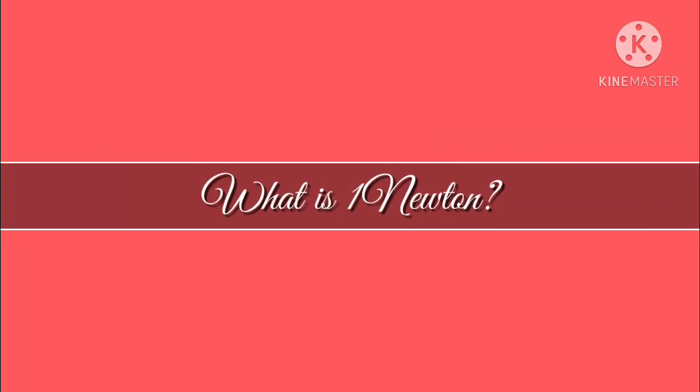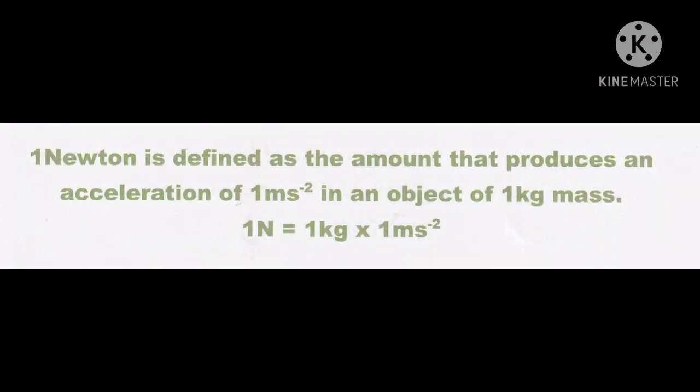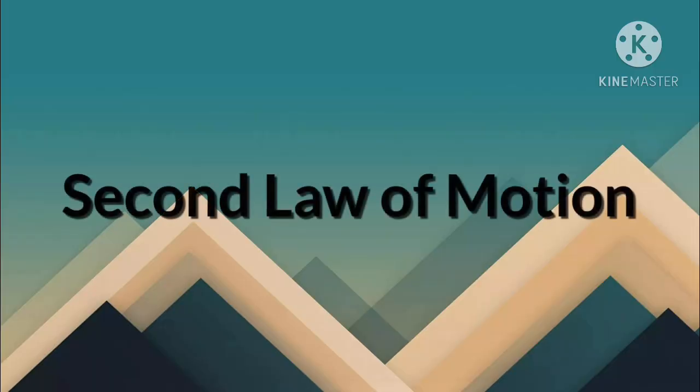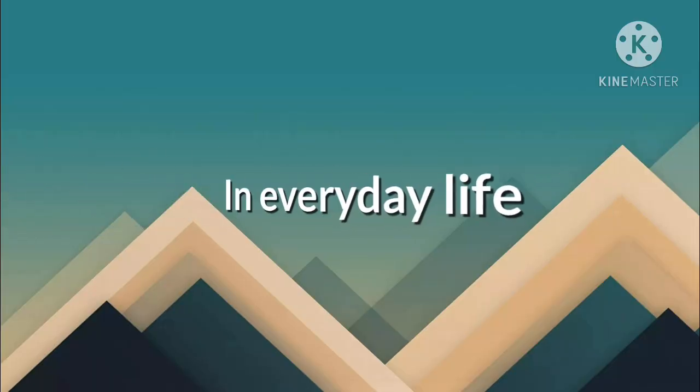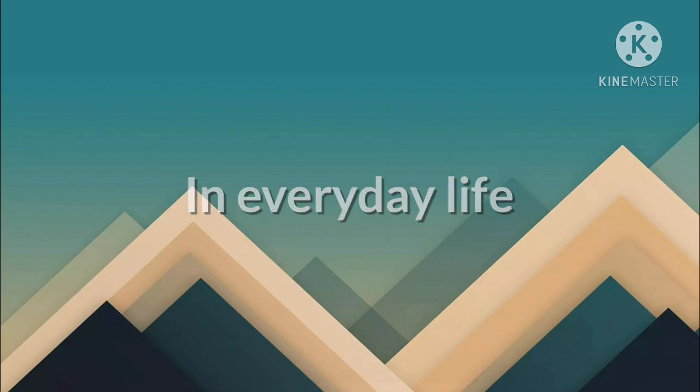Let us define what is 1 Newton. 1 Newton is defined as the force that produces an acceleration of 1 meter per second square in an object of 1 kg mass. That is, 1 Newton equals 1 kg into 1 meter per second square. The second law of motion is often seen in action in our everyday life.